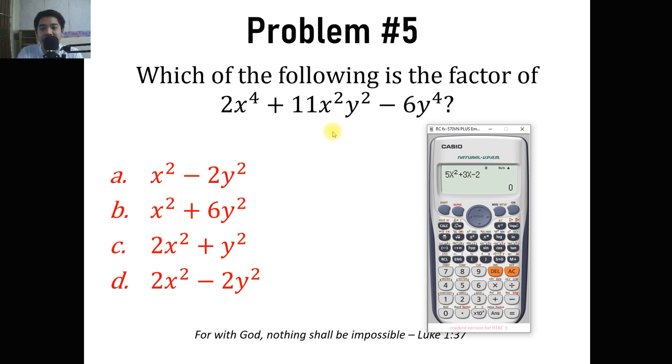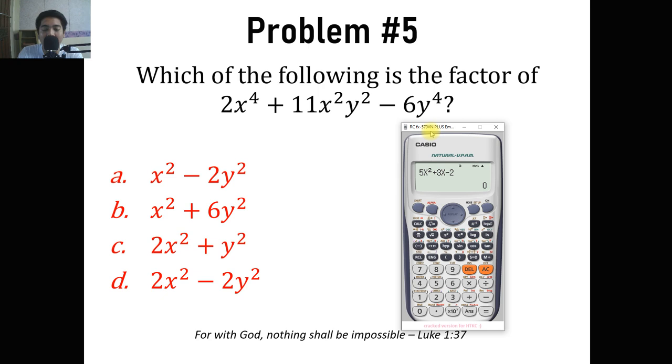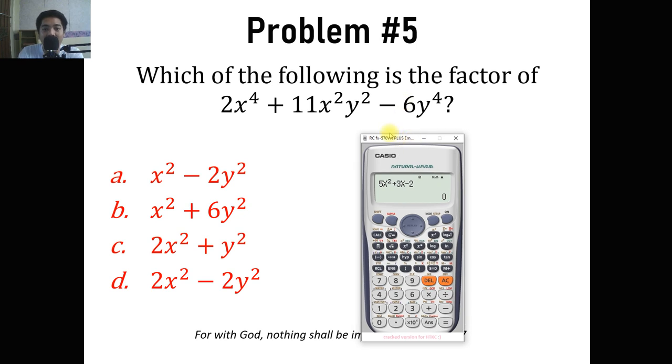This is a little bit tricky, but since our given calculator can only solve up to the third power, we are going to split the x raised to 4 into x squared, and the same with the 11x squared, excluding the y, because the calculator can only solve a single variable. So we get the x squared, then the x, and then the constant value negative 6, excluding the y squared.